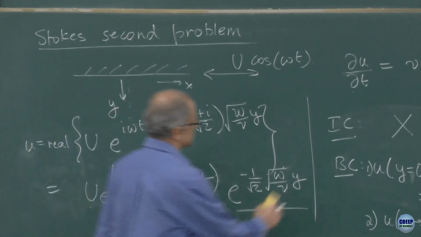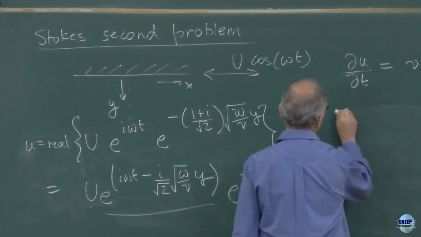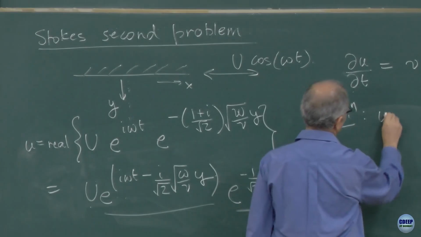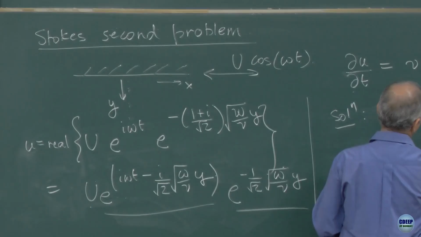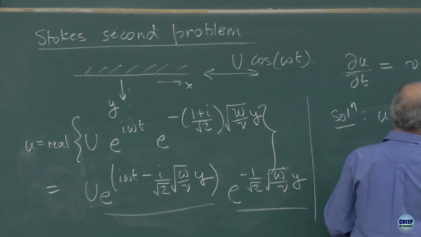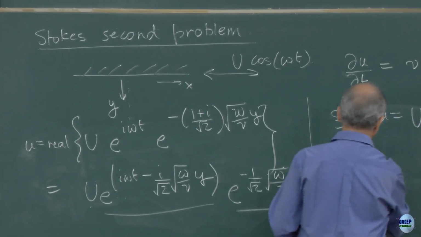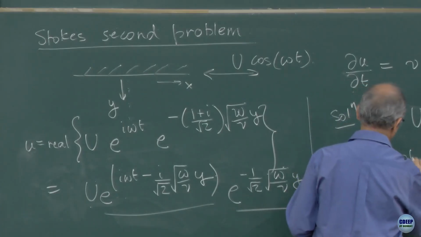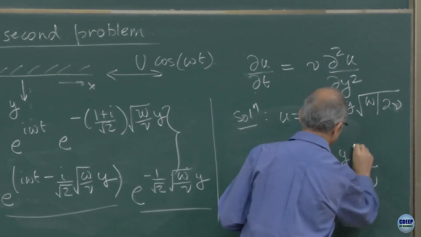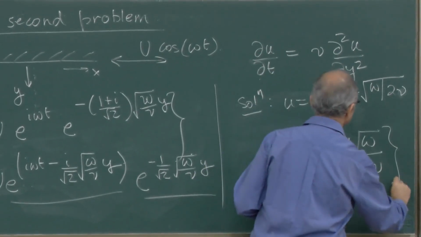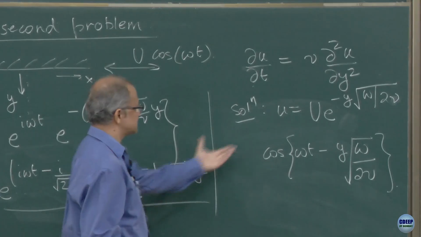So I finally get that U is equal to capital U exponential of minus y times omega upon square root of 2 nu times cos omega t minus y times omega upon 2 nu square root of this, and a product of these two terms is. So this part just gives me this cos part, and this other part is as before.